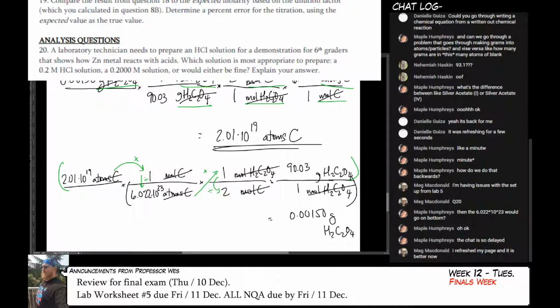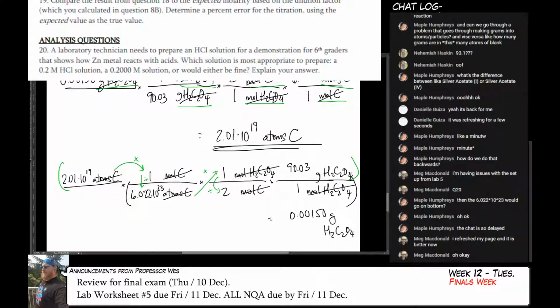So the point of this question is to get you to differentiate what type of experiment you think this is. Are the sixth graders going to use the results of this to make measurements, or are they just going to look at it? And then, based on your answer, which solution do you think is more appropriate?